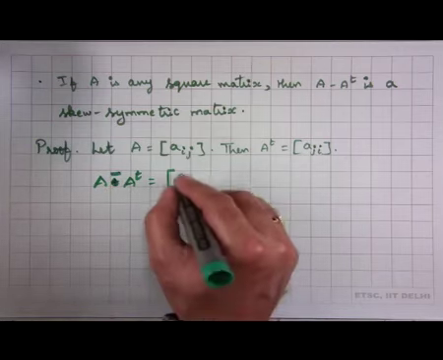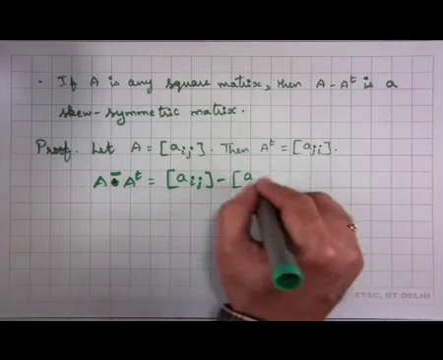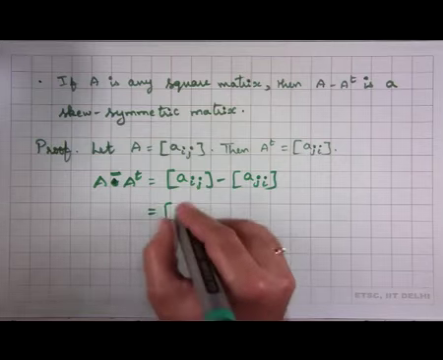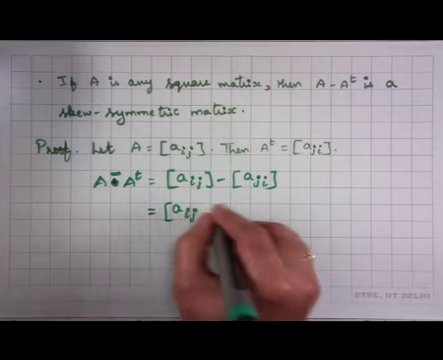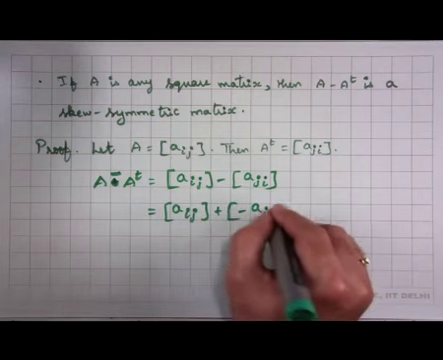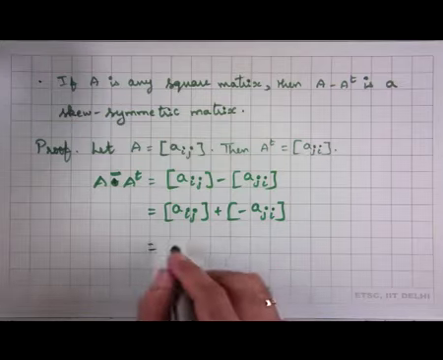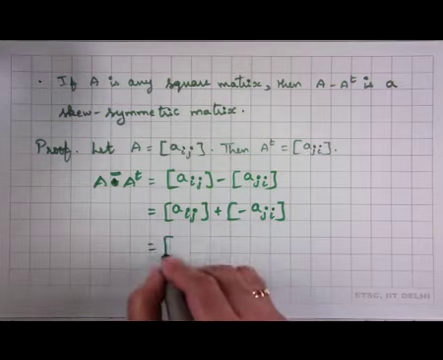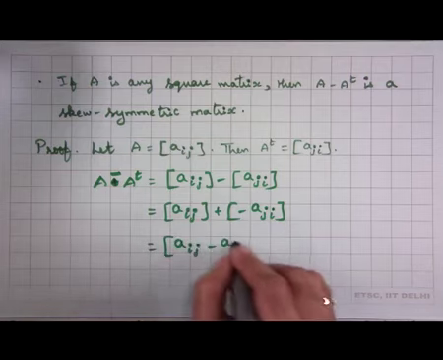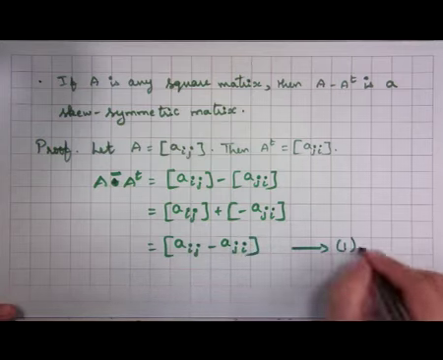This is going to be aij minus the matrix aji, which is the same as aij plus minus aji, which by definition of matrix addition is the same as aij minus aji, right. So, let me call this 1.